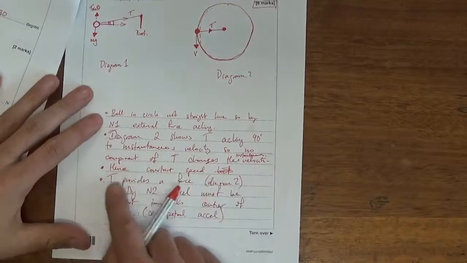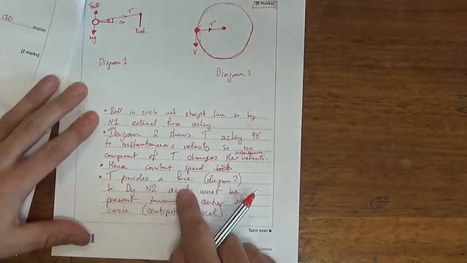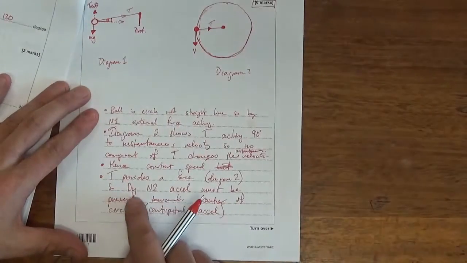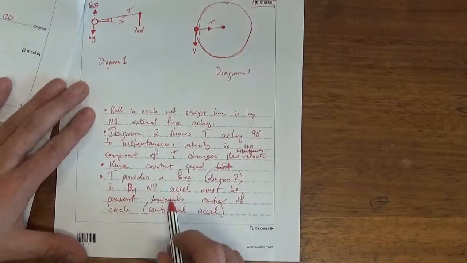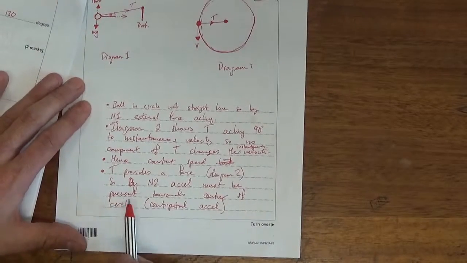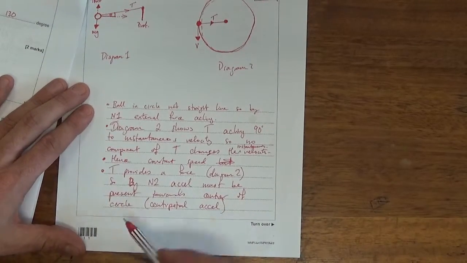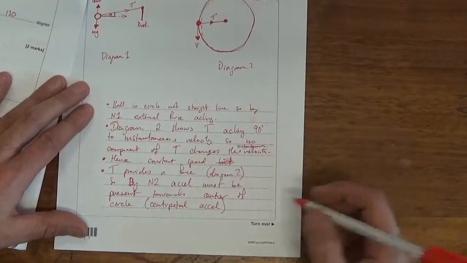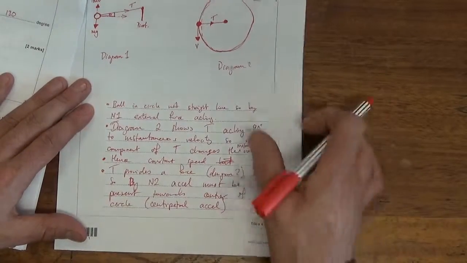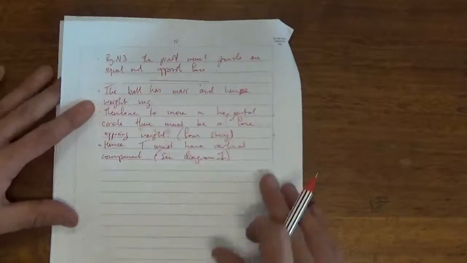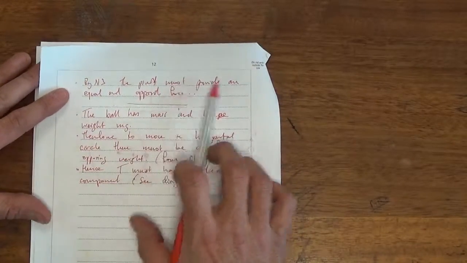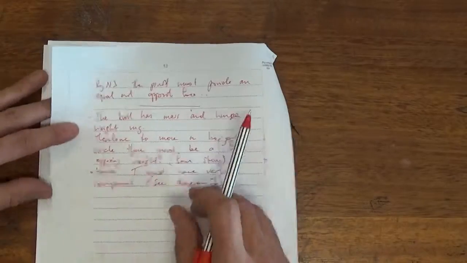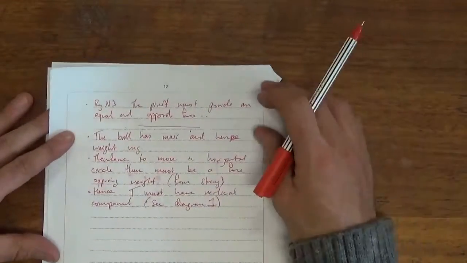Okay, so T, the tension, provides a force, see in diagram 2, so by N2, Newton's second law, the acceleration must be present towards the centre of the circle, because an unbalanced force is acting. We call this centripetal acceleration. By Newton's third law, the pivot must provide an equal and opposite force. There we go. I've mentioned all 3 laws.